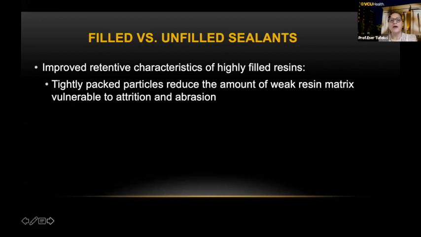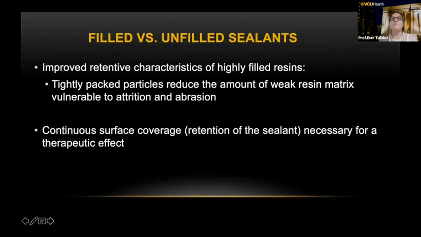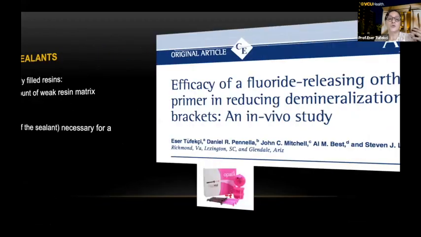Because they are filled with resin, the material is stronger and not vulnerable to attrition and abrasion. And because they stay on the surface, they provide continuous surface coverage. So the retention of the product is improved, and all we need to protect the enamel is to have a continuous surface coverage. This is the marketing with the new sealants.